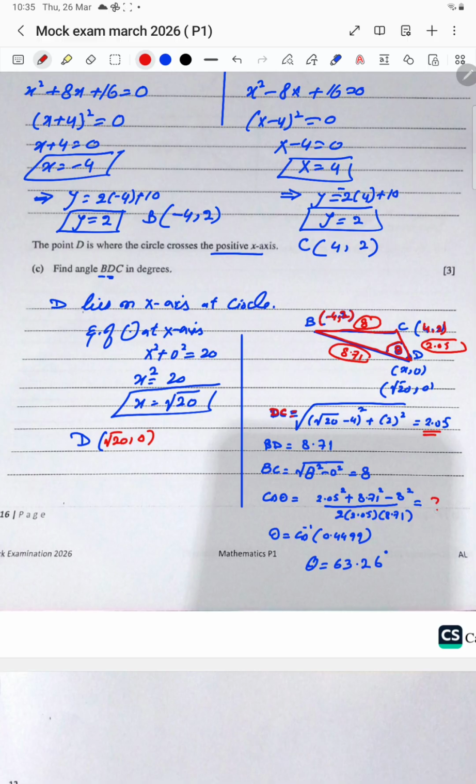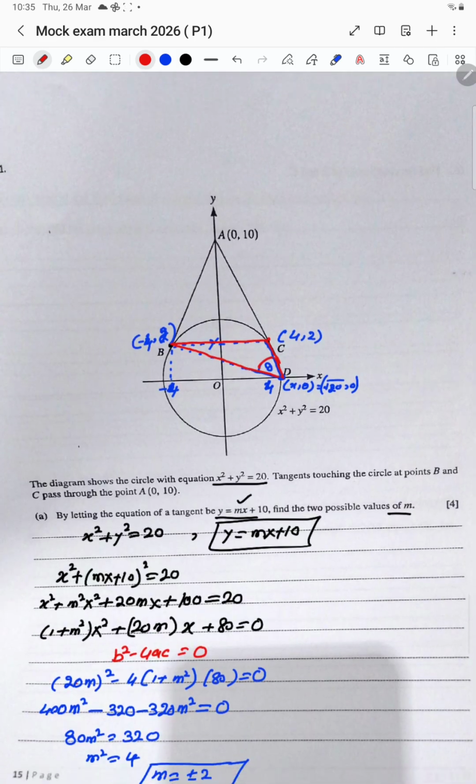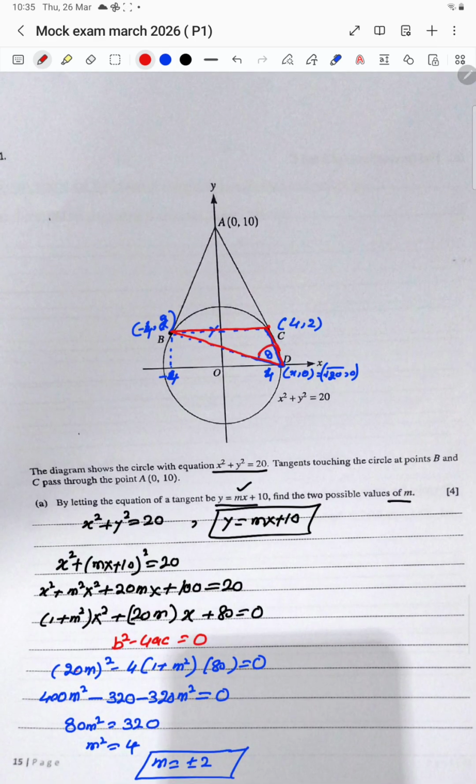You can apply a different approach as well by plotting the circle, since this is the radius as well, so this is the same as this. So we can find this angle and the base angle will be the same, then the sum of angles is 180.